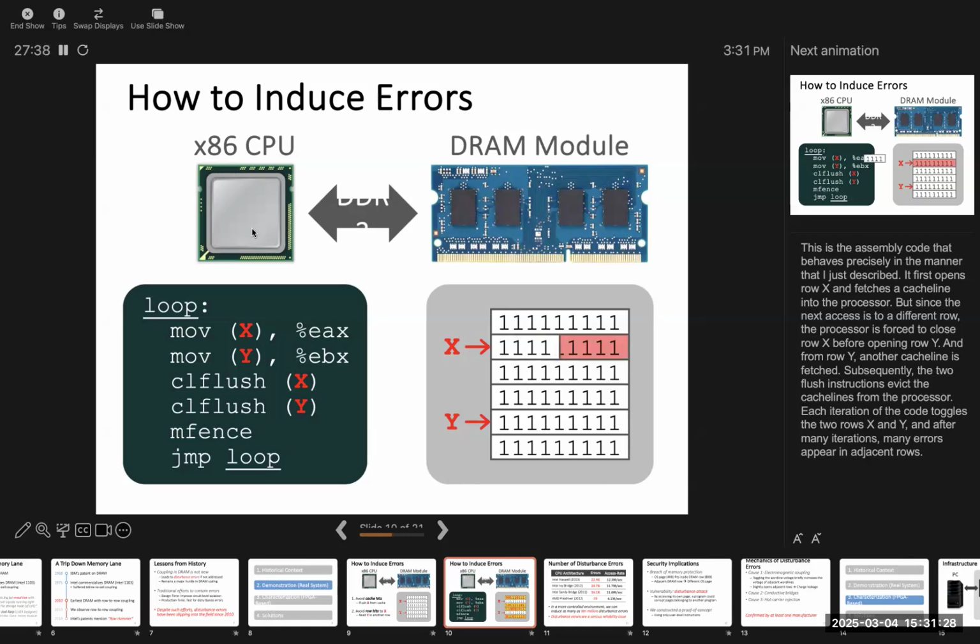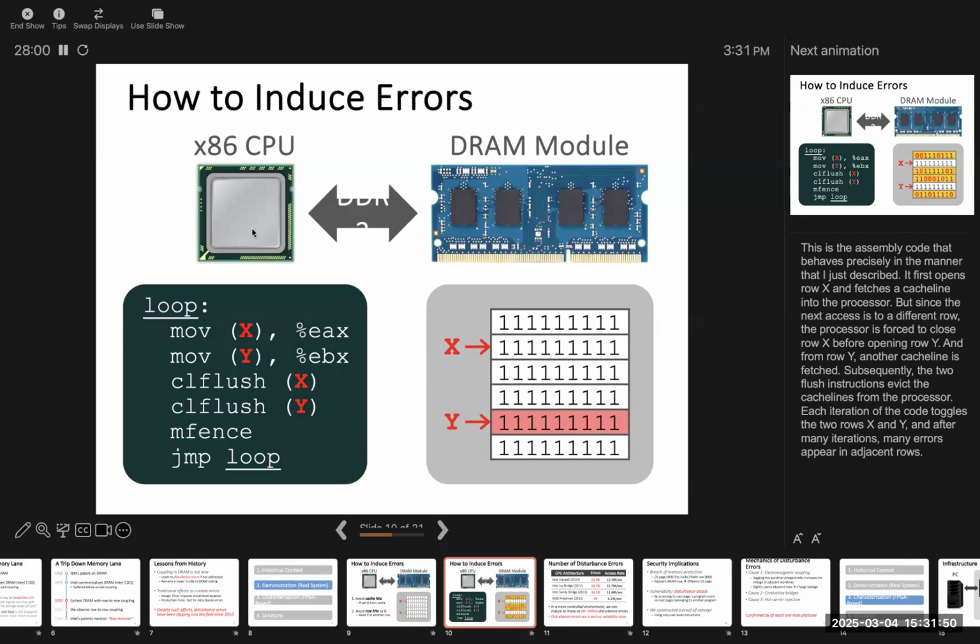So now what you are doing is, for example, you first go to X and read some data from there, but you are not actually interested in the data itself. Your target is only to open the row. Then after that, you open row X or row Y and read that data.